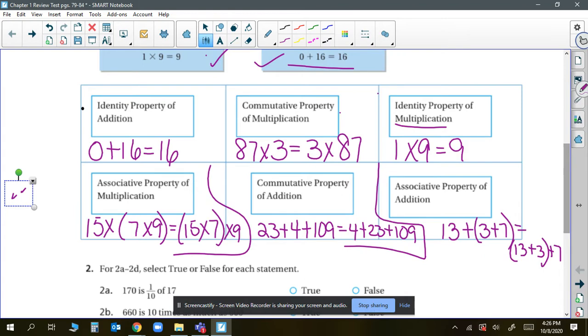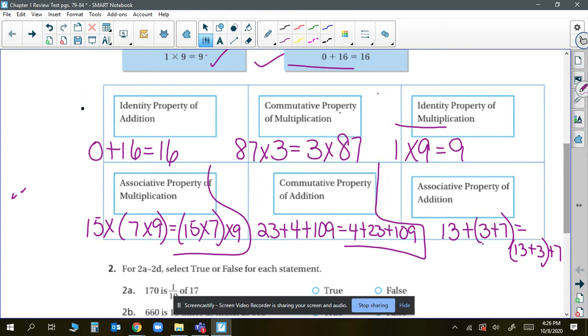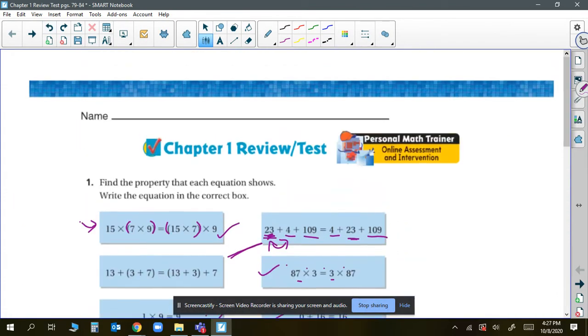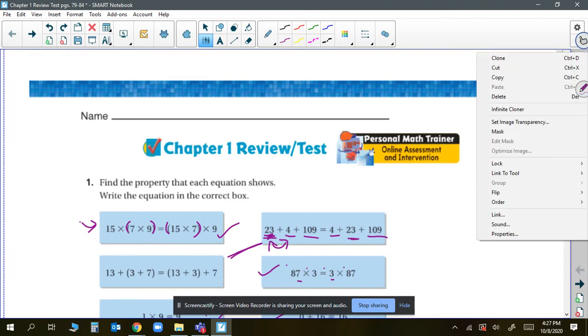Okay, so in the first one, they grouped the 3 and the 7, and then in the second one, they grouped the 13 and the 3. So they just grouped them differently. Let me just move this back. There we go. And let me lock this in place so it stops moving on us.